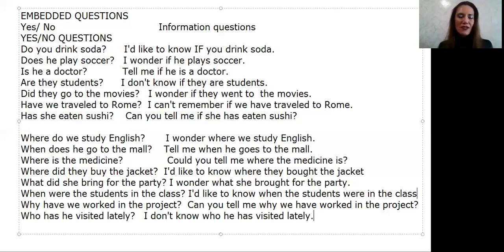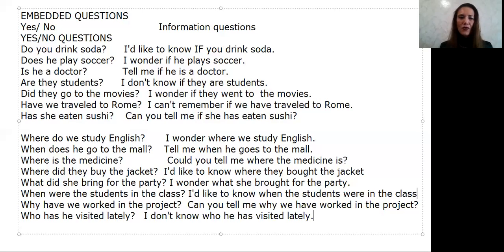So the more you practice, the better you get. This takes a little time to get into this type of questions because we are so used to having the same order of a structure in a yes/no question or an information question that when we transform this into an embedded question, it's like, what? Now it's a sentence, but it's a question. So that's why it becomes a little bit confusing, but it's not.